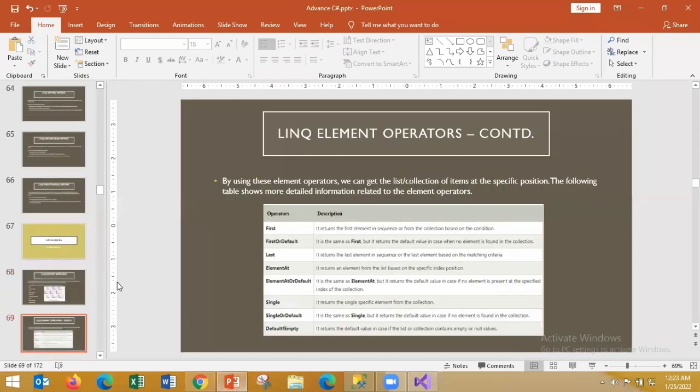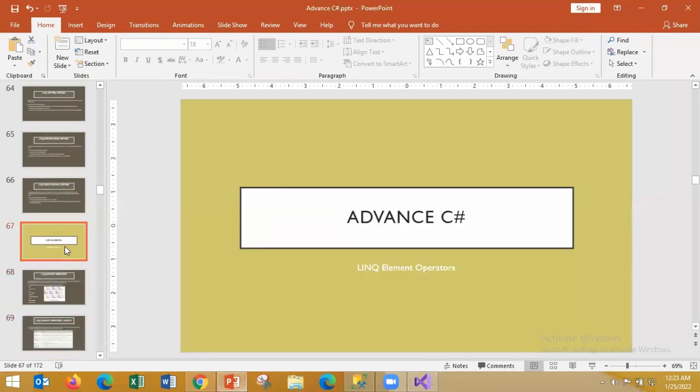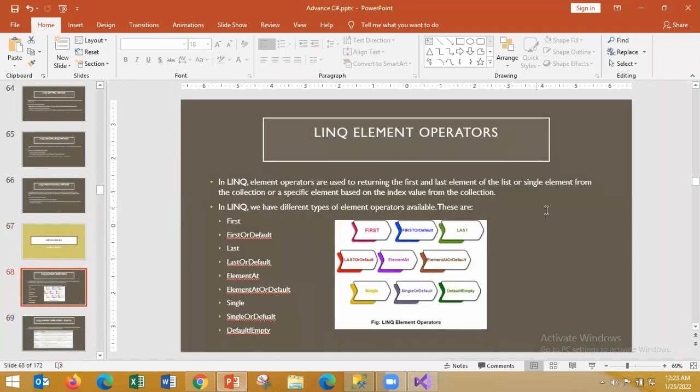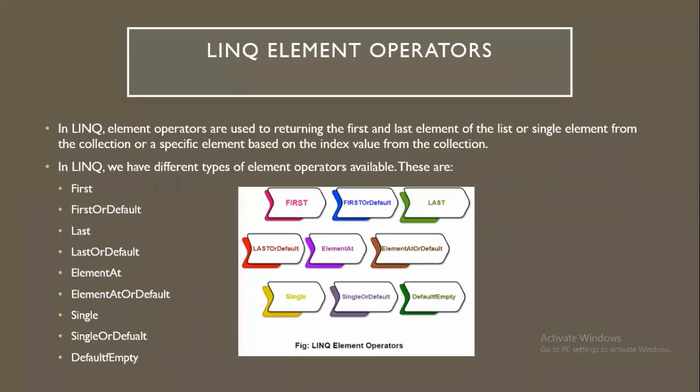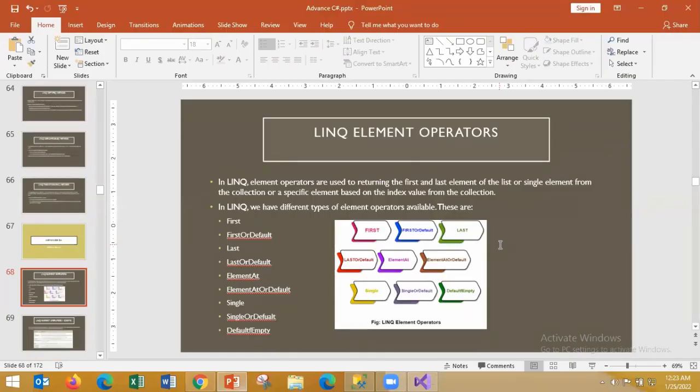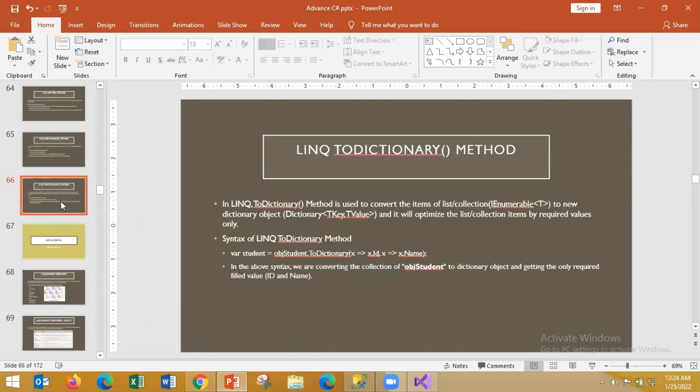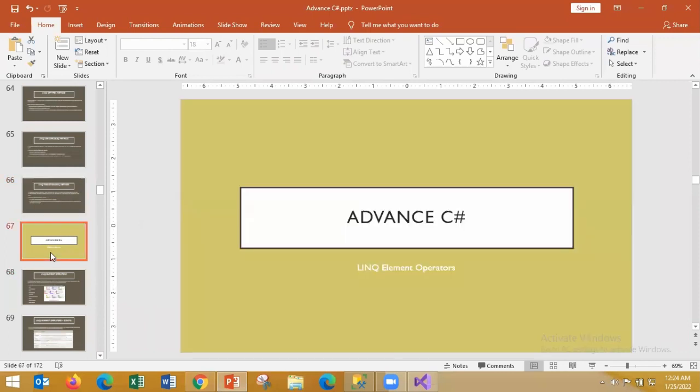Okay, let's go to the elements operator. How many different types of operators have we done so far? I know we did partition operators, sorting operators, and the aggregate functions. I just want to remember everything because we're going quickly.